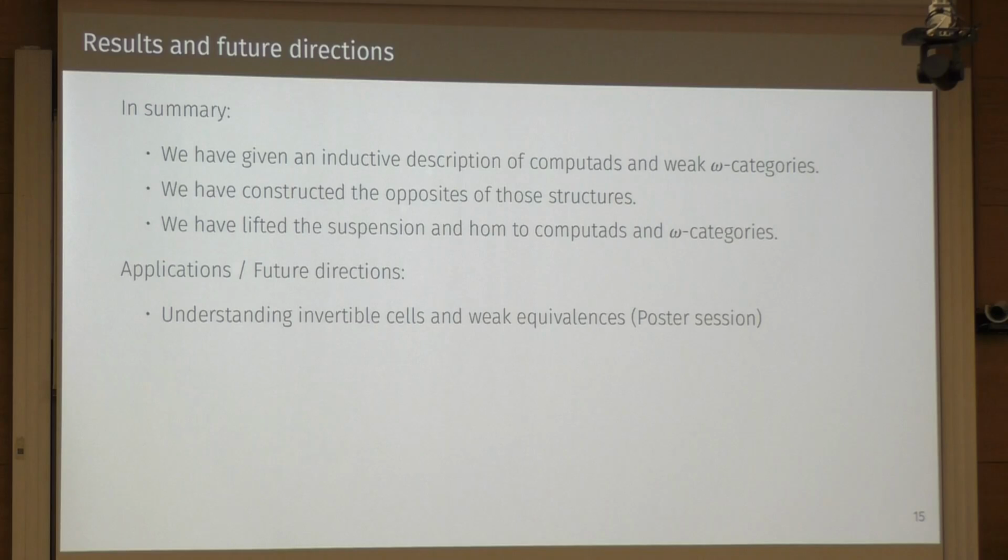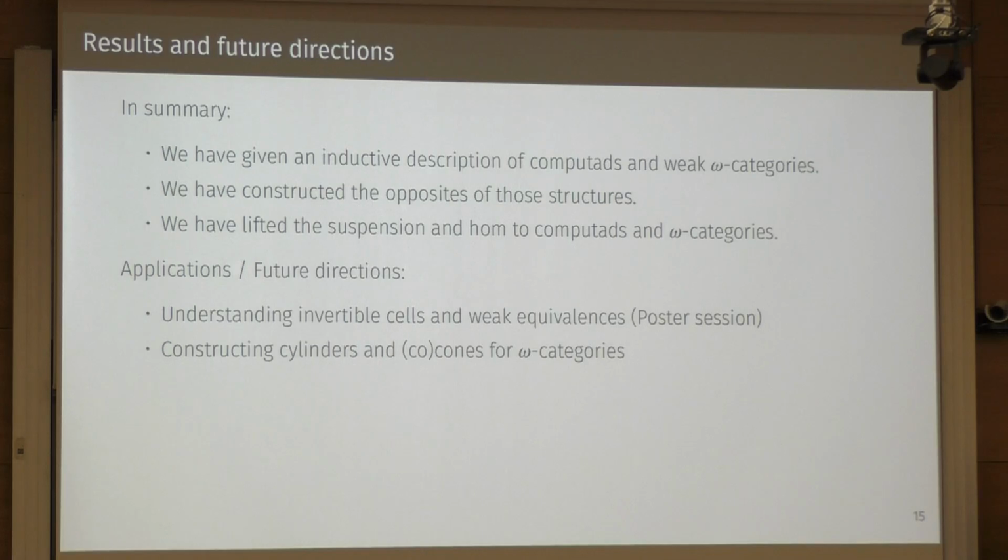And there's still various directions that one could take from here. So what we want to do is understand invertible cells and weak equivalence, basically continuing the work that we saw in the previous talk. And we have a poster tomorrow that shows how we can compute inverses, at least in 3-omega categories, in a much shorter way using the techniques that I tried to show in this talk.